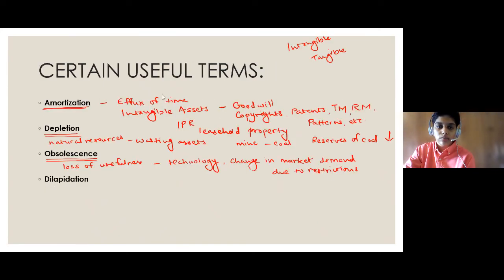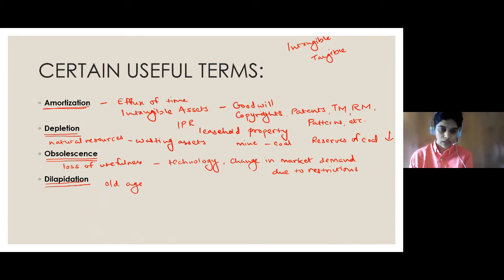And the last term that we are going to see is dilapidation. Now, dilapidation is just the deterioration that happens due to old age, or even long use. This can generally be seen in buildings.